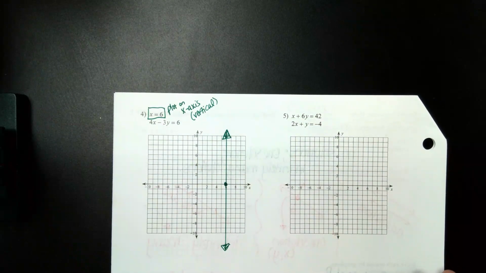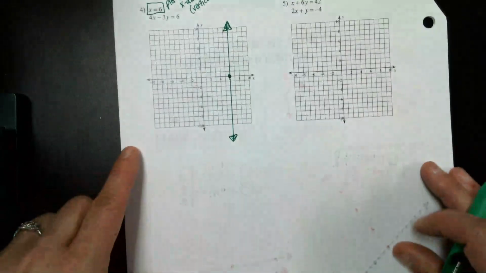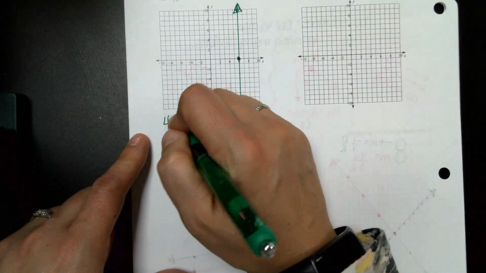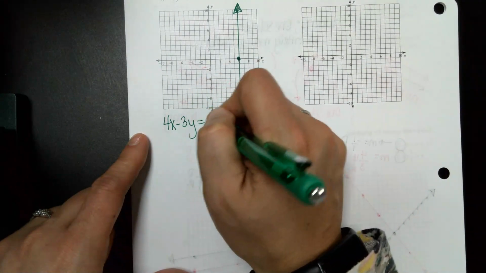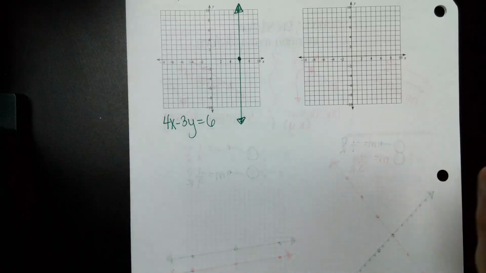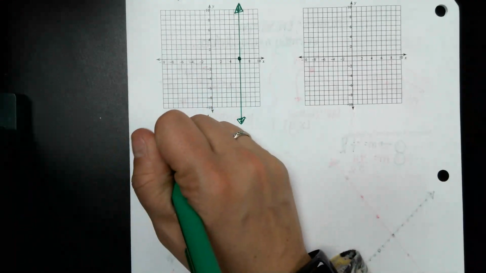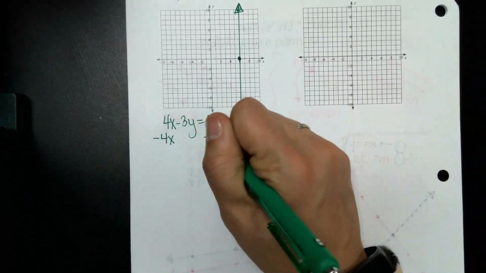Now the second equation, 4x minus 3y equals 6, is standard form. That is not the form we need it in. So what is the first thing that we move? The x term. So we're going to subtract 4x from both sides.